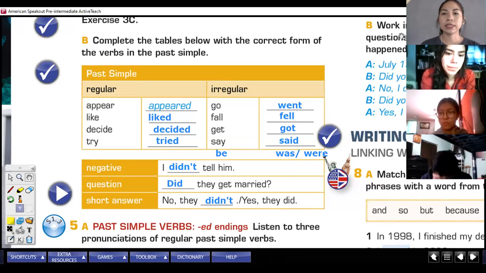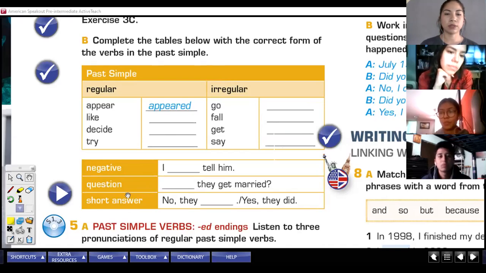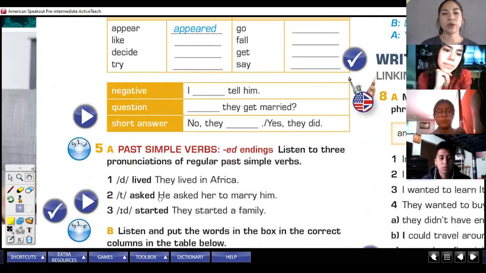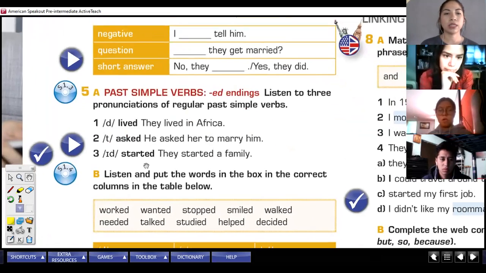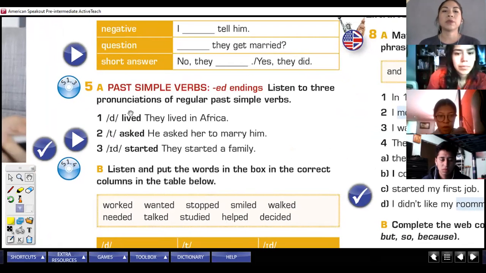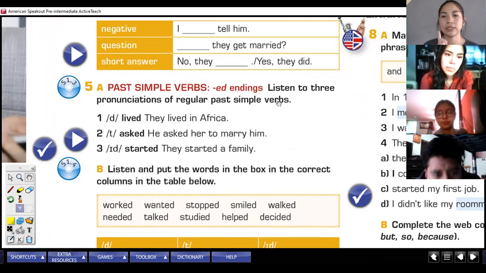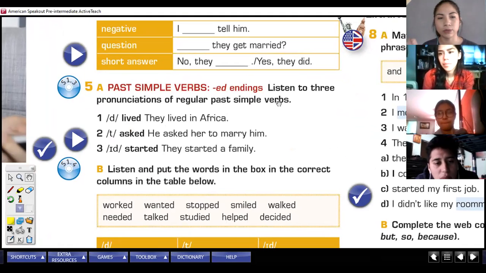So, with this information, we're going to practice. Let's start with regular verbs, okay? With regular verbs, we know that you have subject and then the verb with ed. Listen to three pronunciations of regular past simple verbs. I want you to pay attention to the last sound.